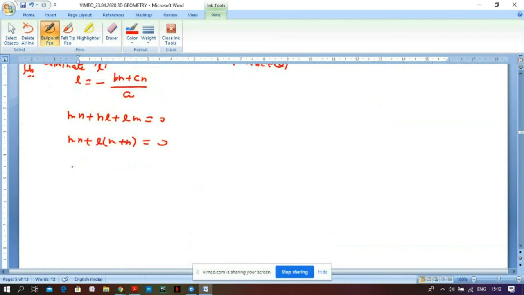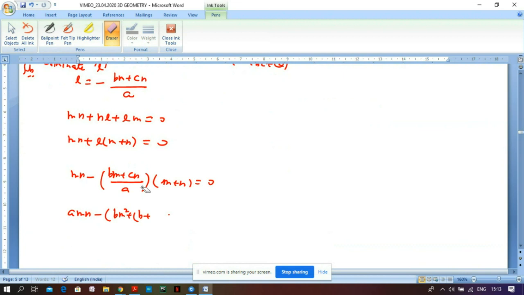That will give you Mn minus Bm plus Cn upon A, n times M plus N equals 0. And so I can write this as Amn minus, I can multiply, this is Bm squared, and Bmn plus Cmn, that's B plus M times B plus C times Mn.